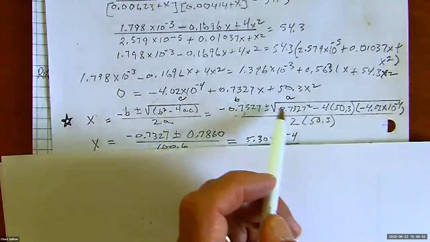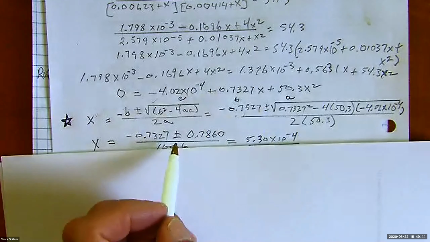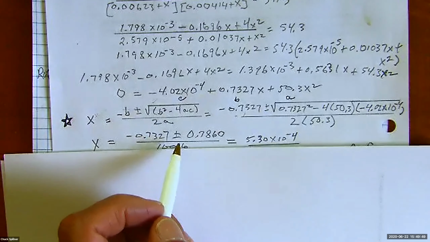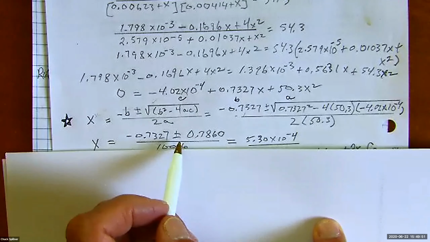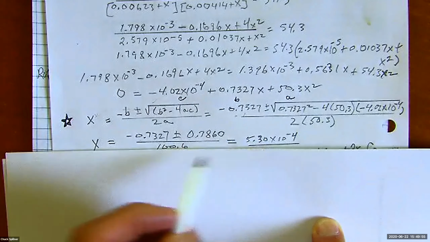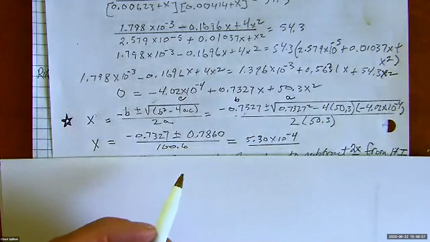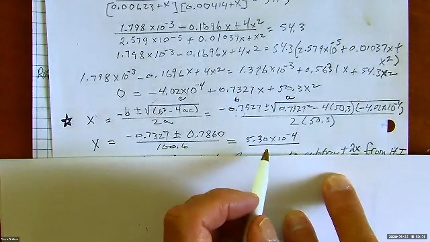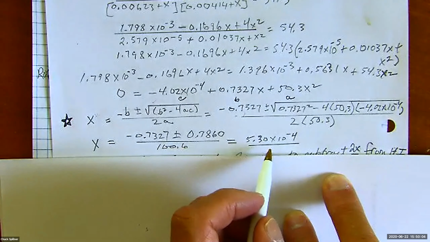When we take our square root, we get a plus or minus, but a negative value just doesn't make sense, so I didn't even write that down. The only value I wrote down was the positive value, which turned out to be 5.30 times 10 to the minus 4. So that's the x.